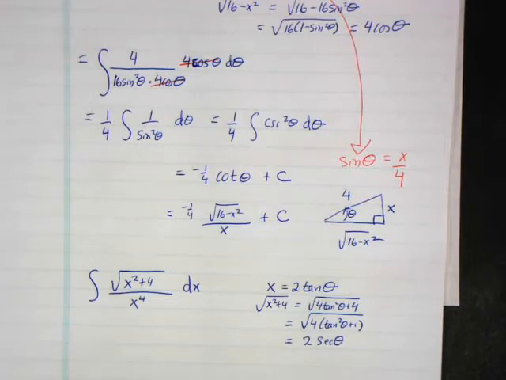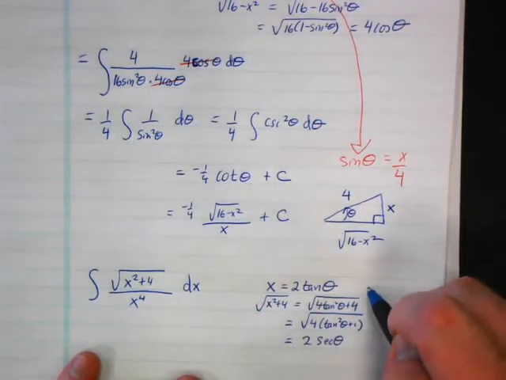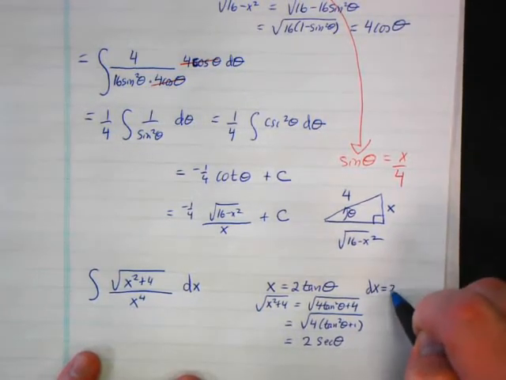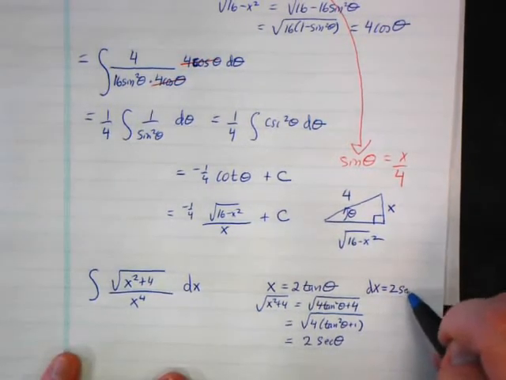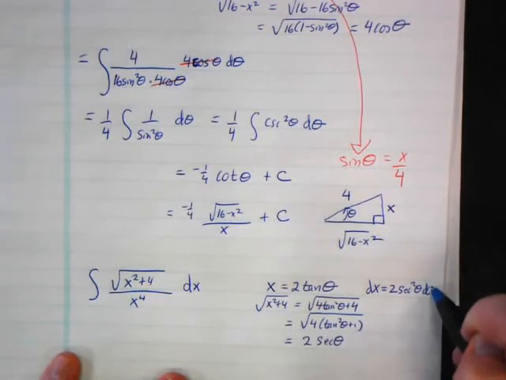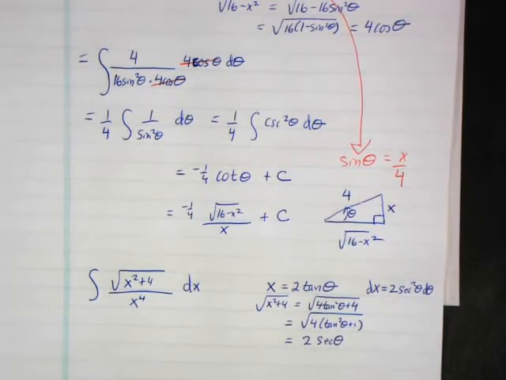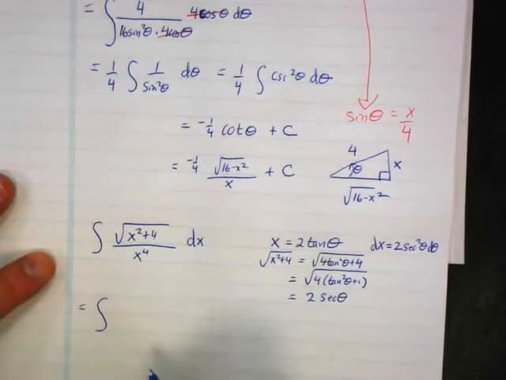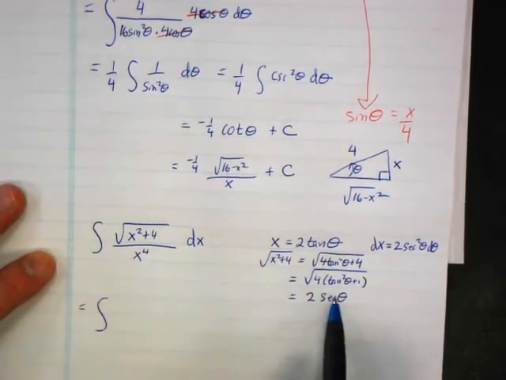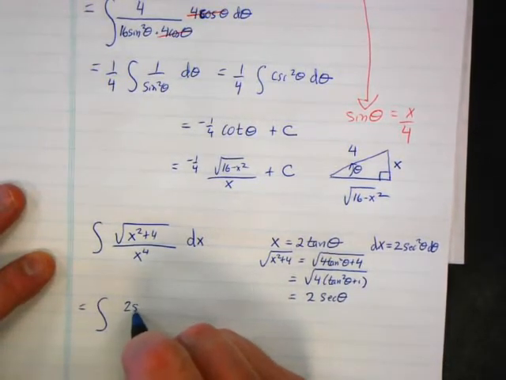Last thing we need to do is come up here, take a derivative. What's the derivative of tangent theta? 2 secant squared theta d theta. Make all the substitutions. We have the integral. The square root thing became 2 secant theta.